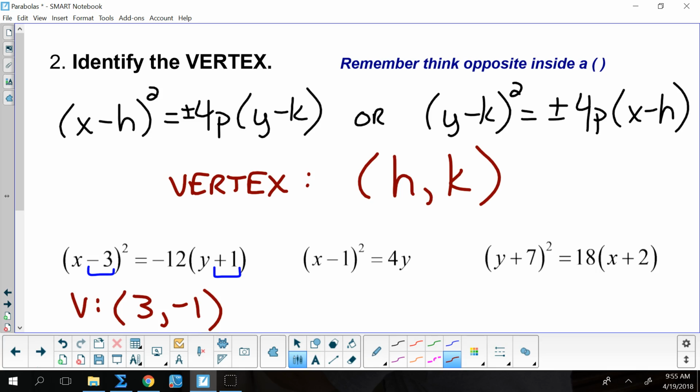Very quickly, what's the middle vertex? 1, comma 0? Yep. Just wait. We can do it quickly, it'll take us 10 seconds. What's the vertex of the third one?